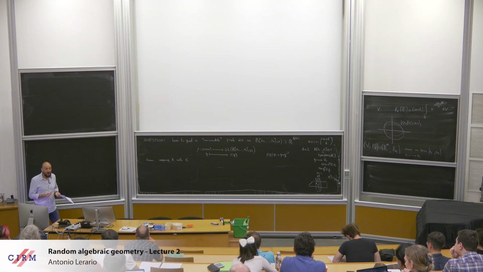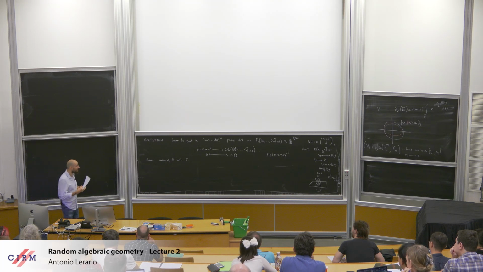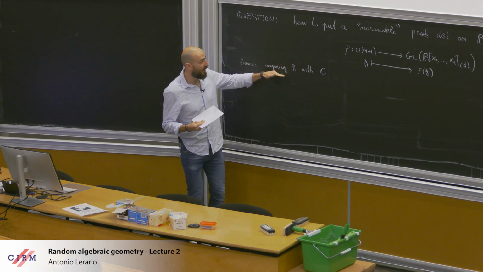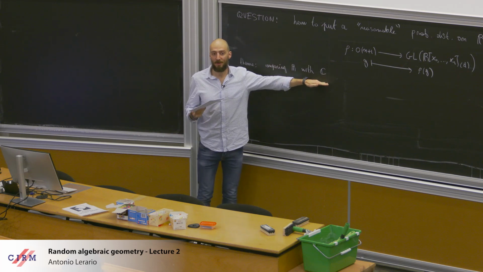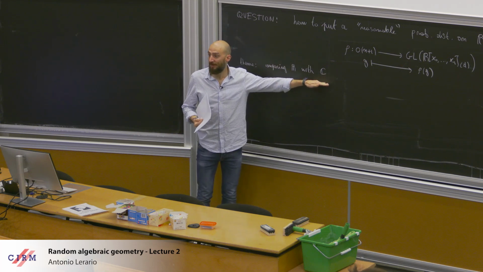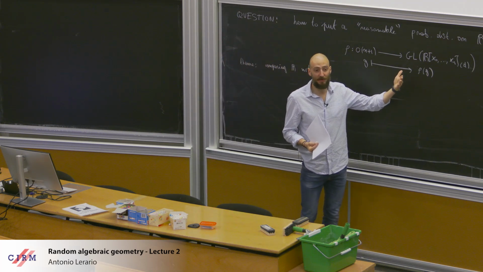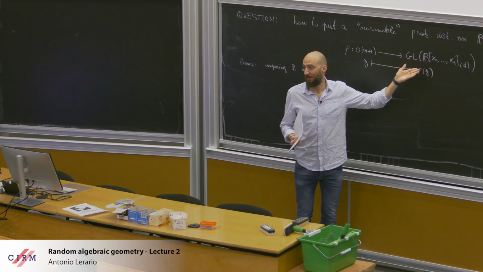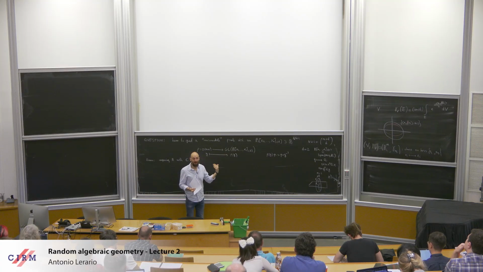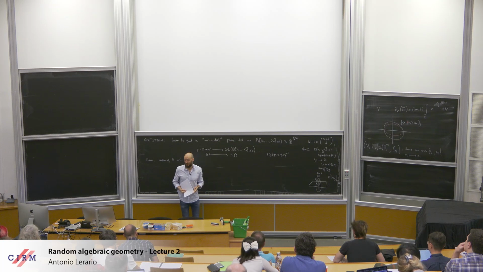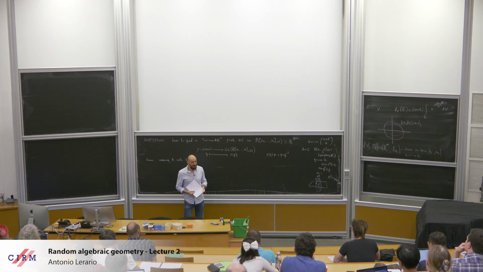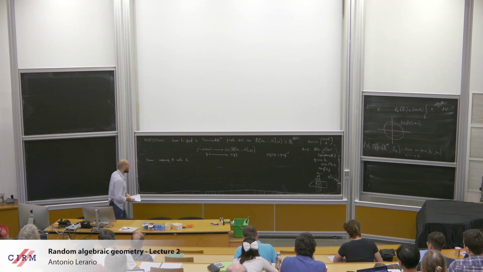I want to make a choice now which is meaningful when comparing R with C. So I'm going to give you the choice of probability distribution, which means I'm going to tell you which scalar product I'm going to pick on my space of polynomials, based on the fact that later on I would like to compare real algebraic geometry with complex algebraic geometry. So this is how I make the choice now.